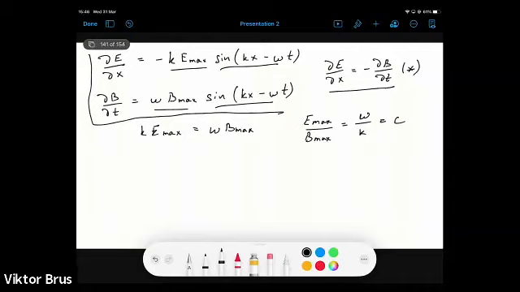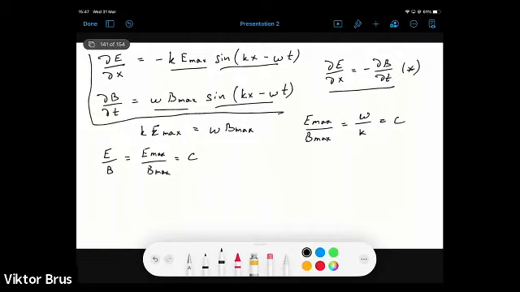Since this is true for the ratio of the maximum values of the electric and magnetic fields, it is also true for any time instant: the ratio of the magnitudes of the electric and magnetic fields at any instant of time is equal to E maximum over B maximum, and equal to the speed of light.